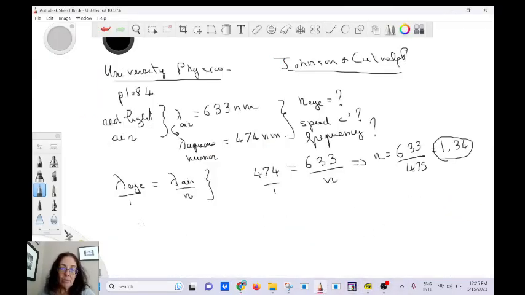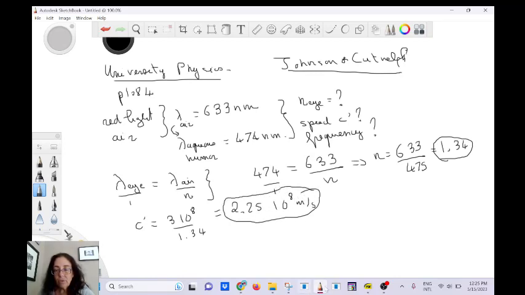Second question, what's going to be the speed of light in that medium? The speed of light also is divided by that factor, 1.34, and we get 2.25 times 10 to the 8 meters per second.